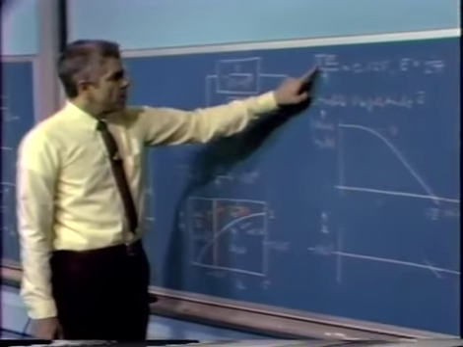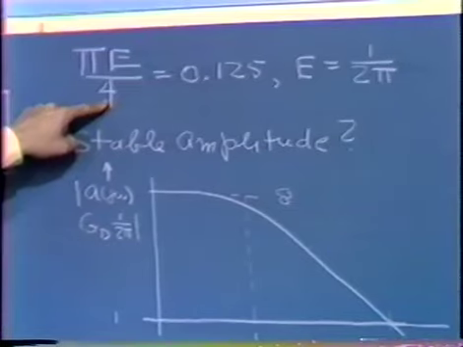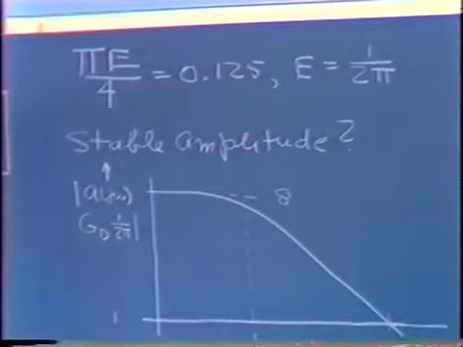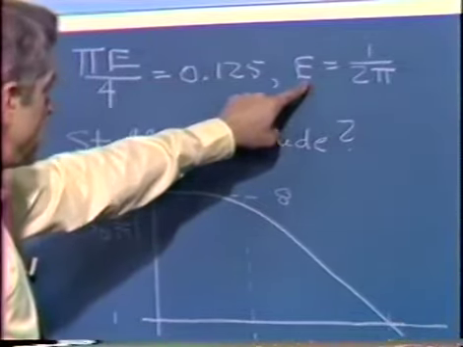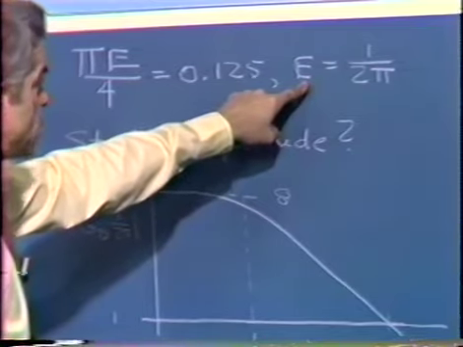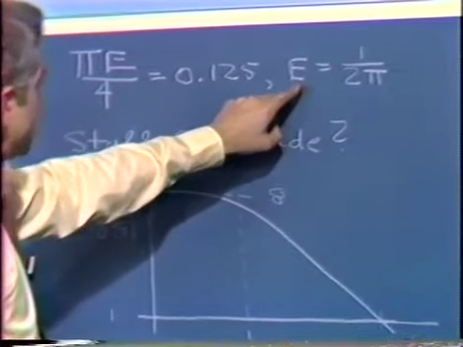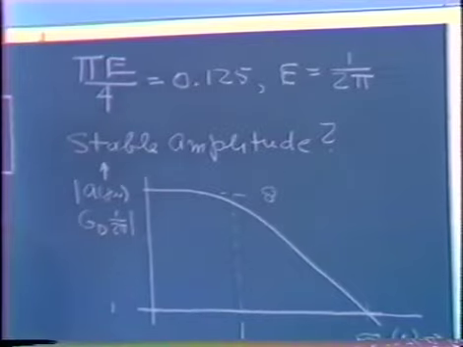And consequently, pi E over 4, which is the magnitude of 1 over GD of E, must be equal to 0.125. If we solve that for the amplitude of the signal E that creates the intersection, we find out that E is simply equal to 4 over 8 pi, or 1 over 2 pi.